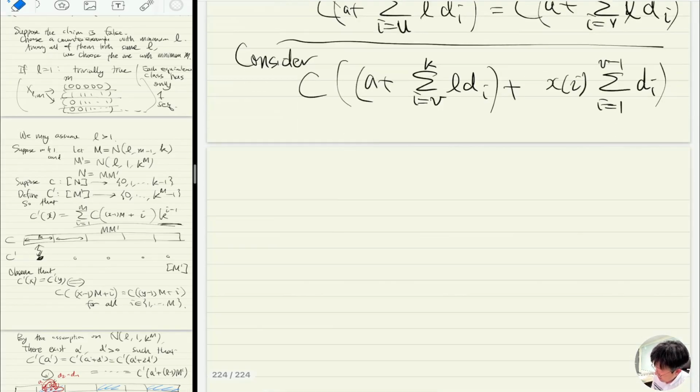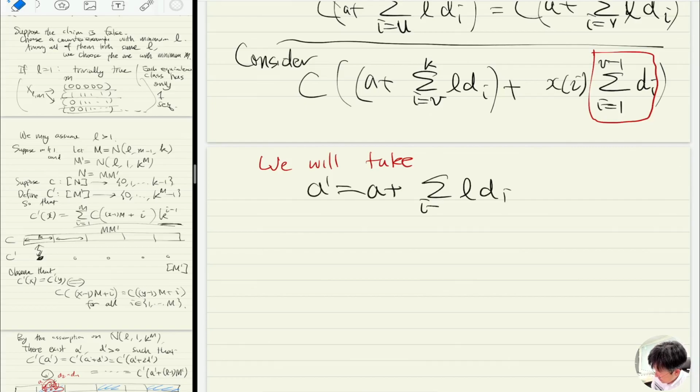Right? So here, this is what we're going to take as d1. So we will take A prime as A plus the sum of L di from v to k, and d1 prime as the sum of the di from 1 up to v minus 1.